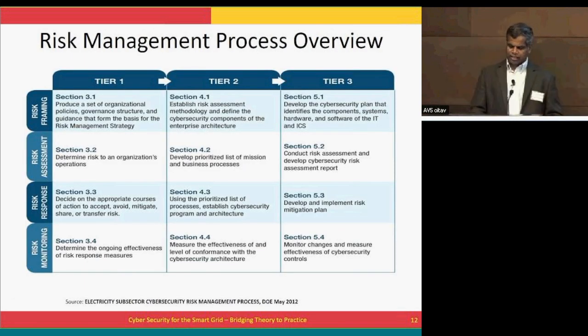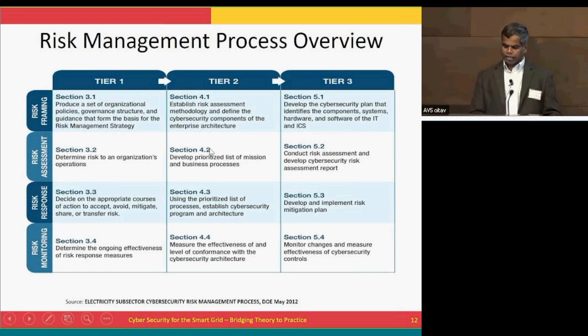Again, this shows what the tier 1, tier 2, and tier 3 functions are with respect to risk monitoring, risk response, risk assessment, and risk framing. In the interest of time, I'm not going to read each one of them. For example, what tier 1 does with respect to risk assessment is determine risk to an operations organization, where the actual risk comes.